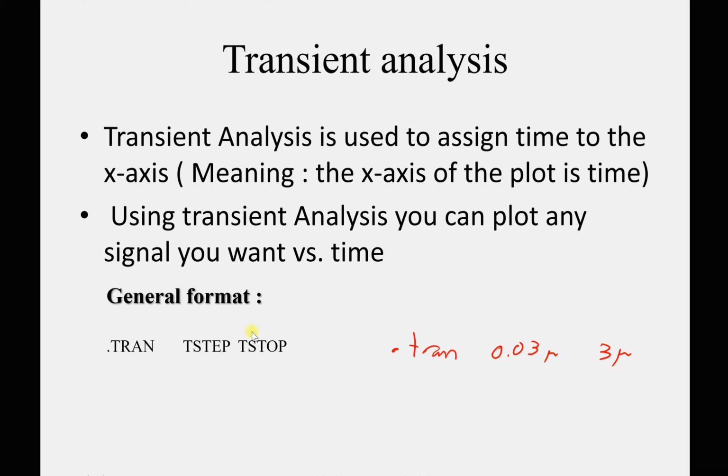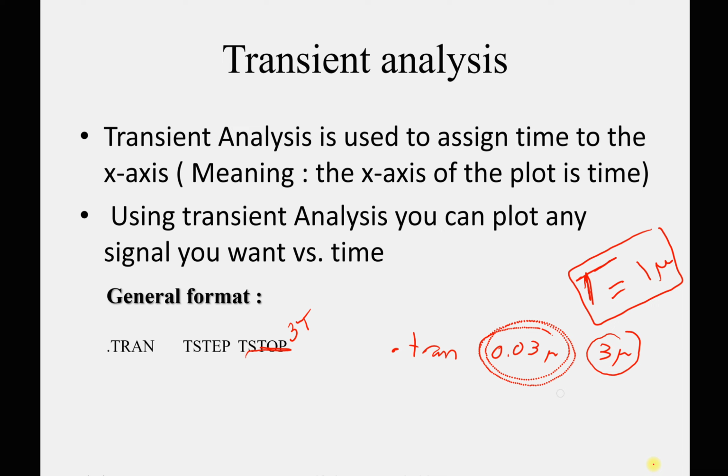In our case, the period is equal to 1 micro. So t-stop will be 3 times the period, so 3 micro. T-step will be 0.03 microsecond, which, to make it easier for you, is always equal to t-stop over 100.